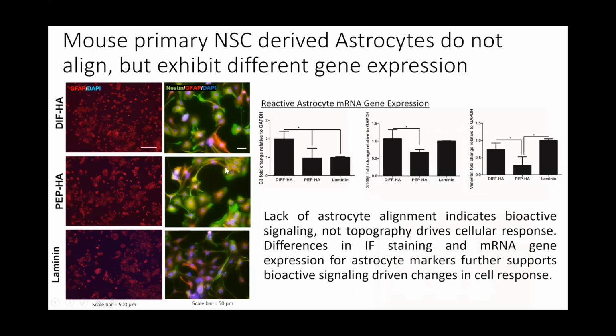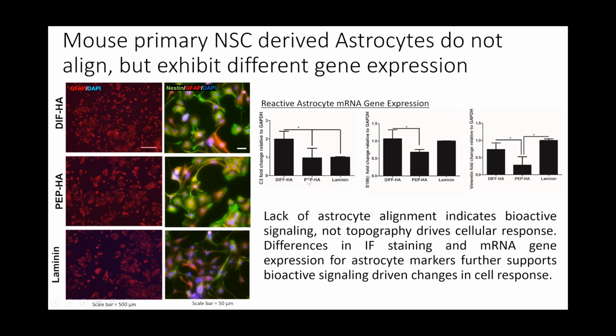And what you see is that alignment doesn't happen in these cells when they're in the different chemical media and differentiation process. That is a good indicator that it's not topography, it's not actually surface roughness that's driving that organization, it's chemical. The next thing we see is drastic changes in the expression of astrocytic reactive markers.